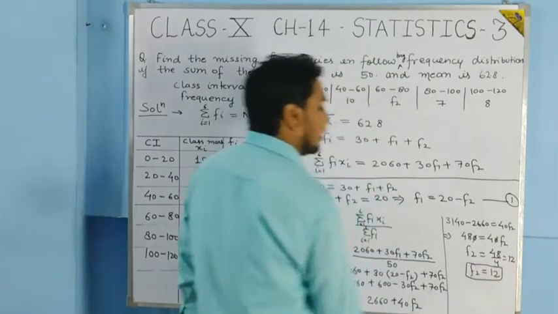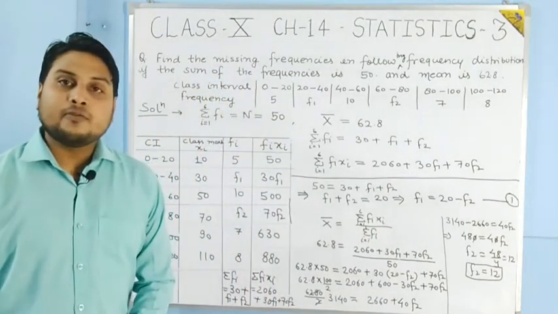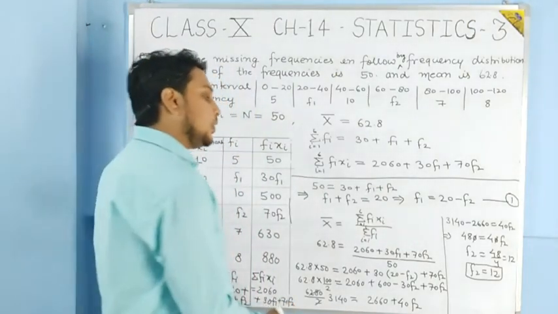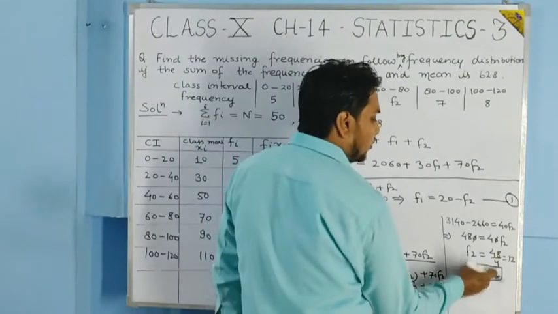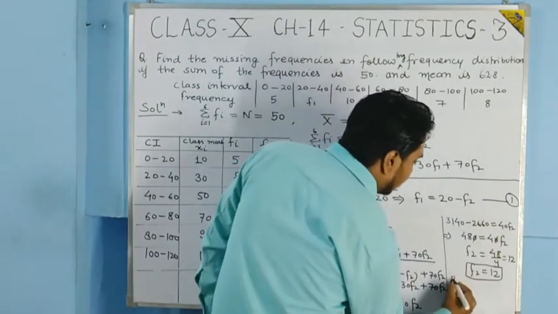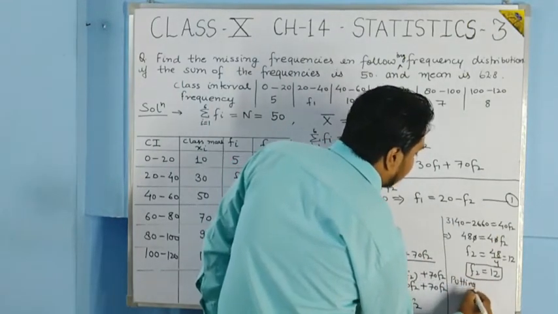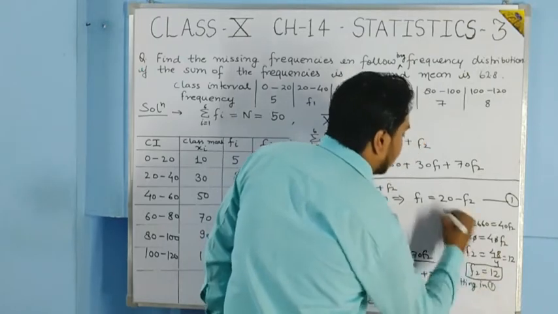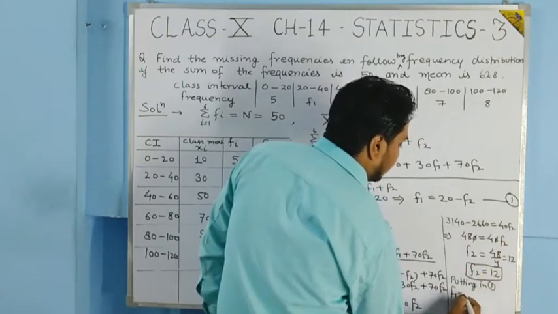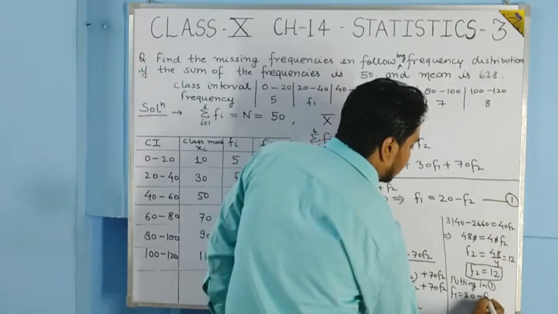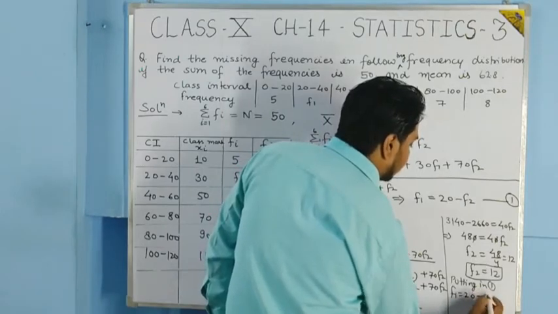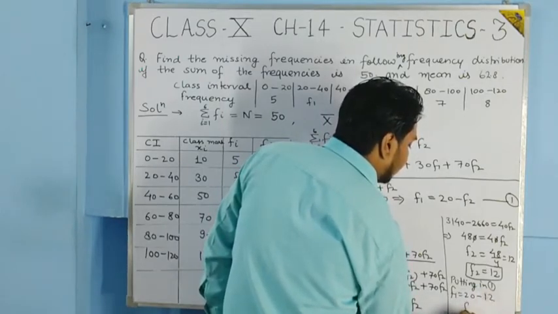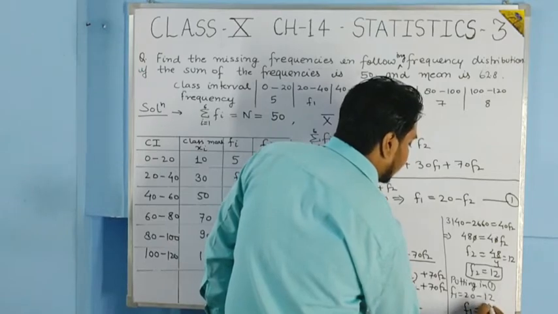Okay students, now we have got the value of F2, that is 12. If we put the value in equation number 1, what we will get? F1 is equal to 20 minus 12, and then we will get F1 is equal to 8.